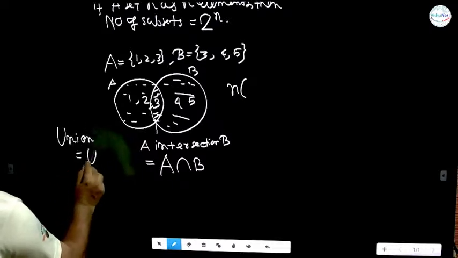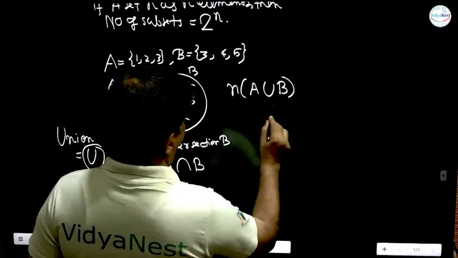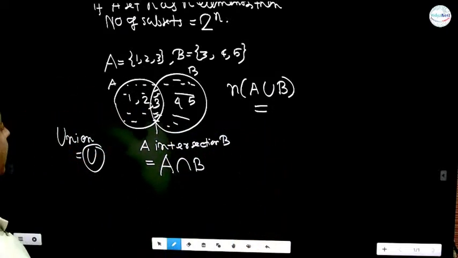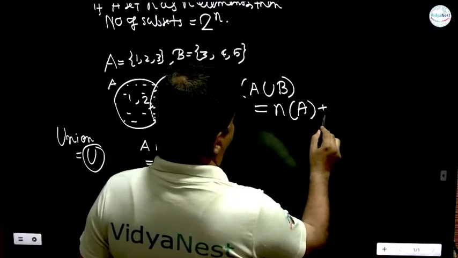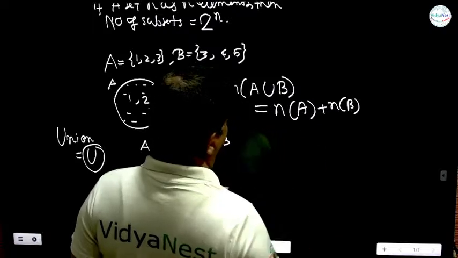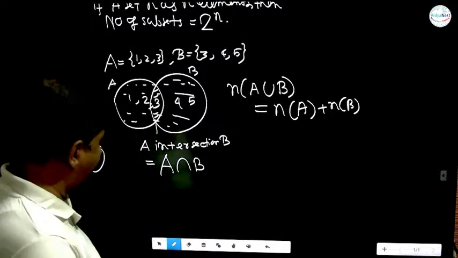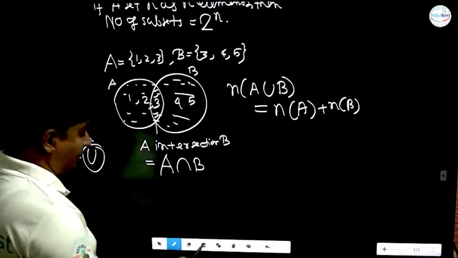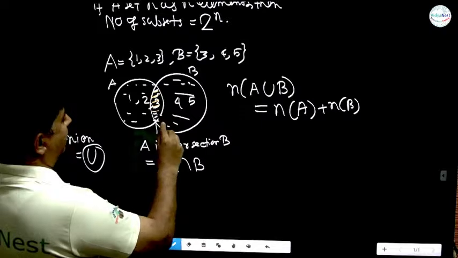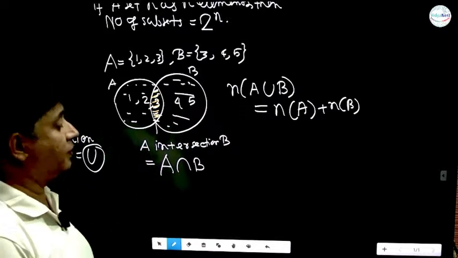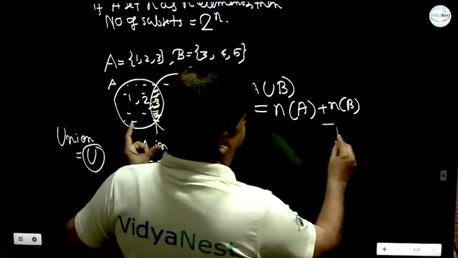Union, that is U, N: A union B. Does it mean that we have to add nA and nB? But if I add these 2, there will be one shortcoming. See, this common region will be added twice. Yes or no? So you have to exclude it once.